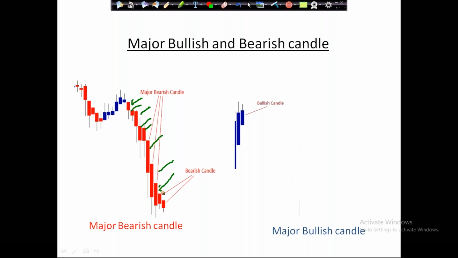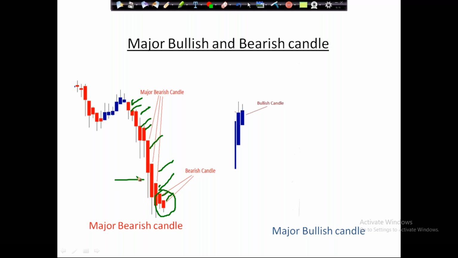But in between this area we see two small candles. When we trade using Heiken Ashi, we avoid this type of candle, or you can say inside bar. We must eliminate that one. We need a perfect bullish or bearish candle.